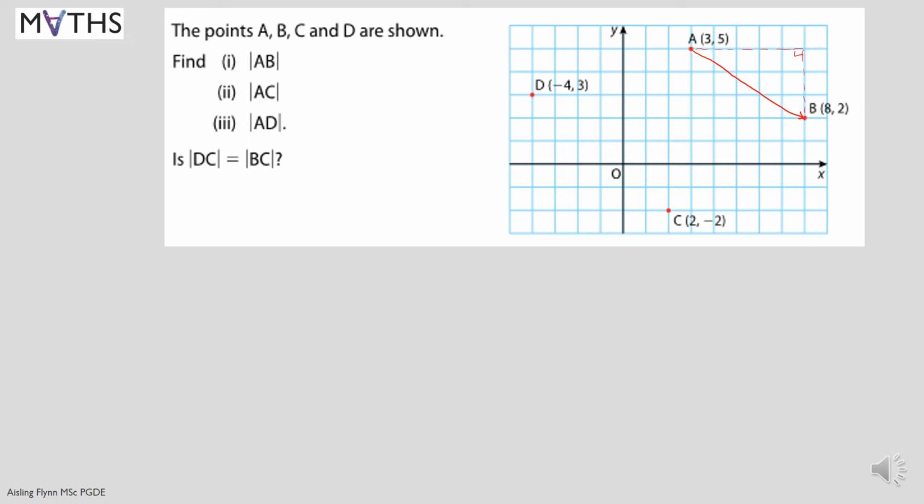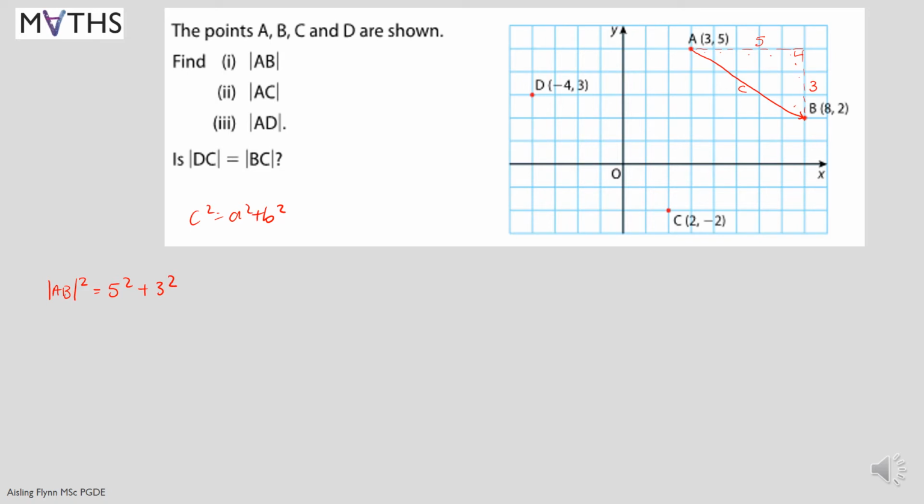I'm going to count the units from A to B across. 1, 2, 3, 4, 5, and 1, 2, 3. Okay, and we're looking for this C. Remember, Pythagoras has c squared equals a squared plus b squared. So the length of AB we'll get by saying that AB squared, which is my hypotenuse, equals 5 squared plus 3 squared.